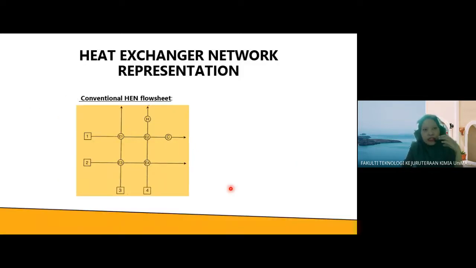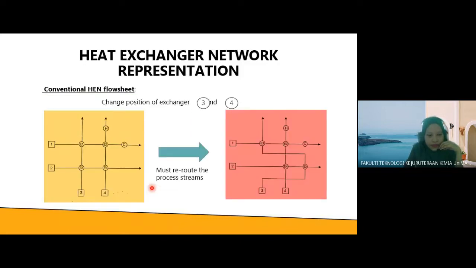This is a conventional heat exchanger network flow sheet where you have your hot stream and then your cold stream vertically. Okay, in conventional heat exchanger network flow sheet, if you change the position of heat exchanger number 3, E3, and E4, meaning that you want to place E3 here and E4 here, you must reroute the process stream.